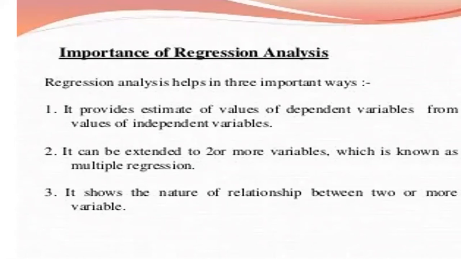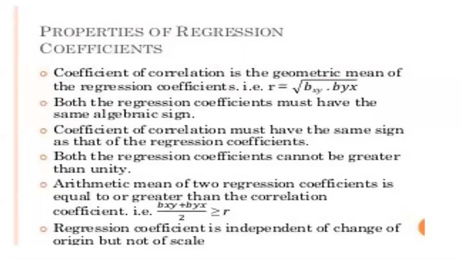Second, it can be extended to two or more variables, which is known as multiple regression; if the variables are greater than two, it is termed multiple regression. And point number three, it shows the nature of the relationship between two or more variables, meaning what type of relationship it is, which can be understood by regression analysis.